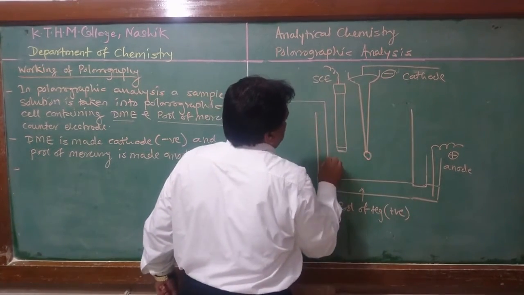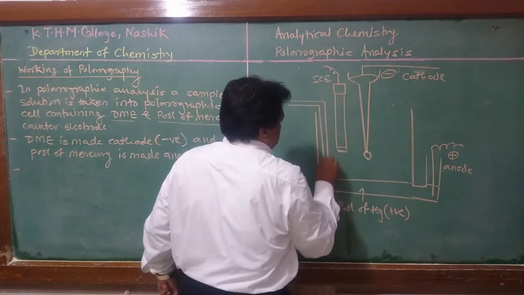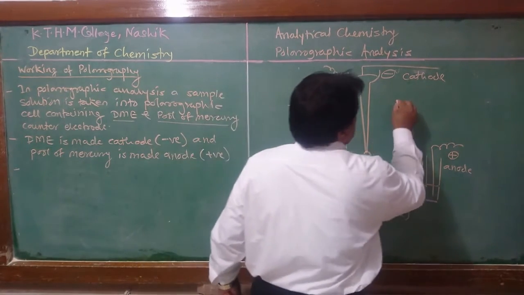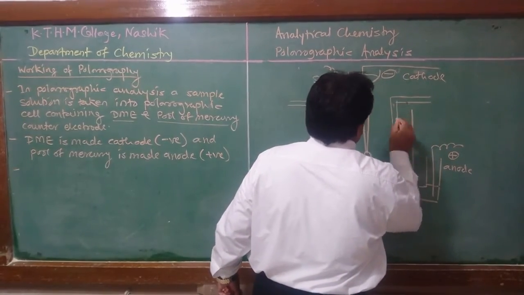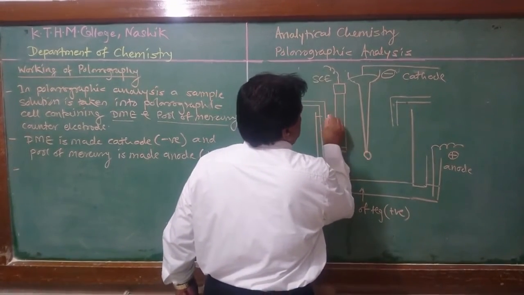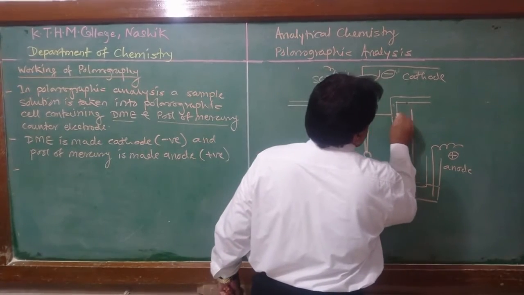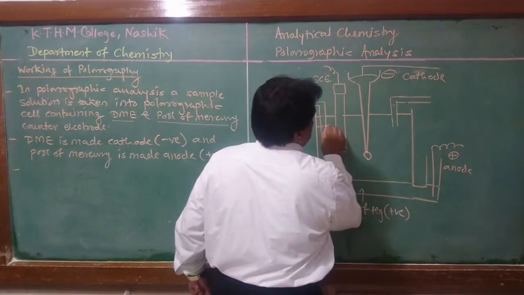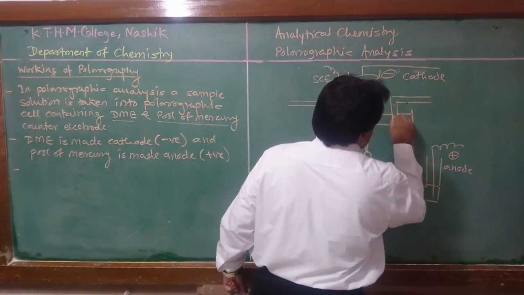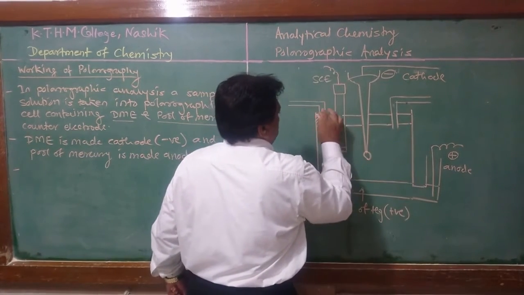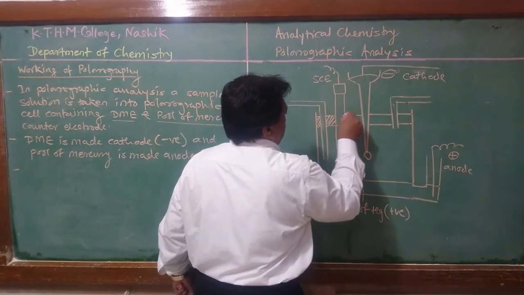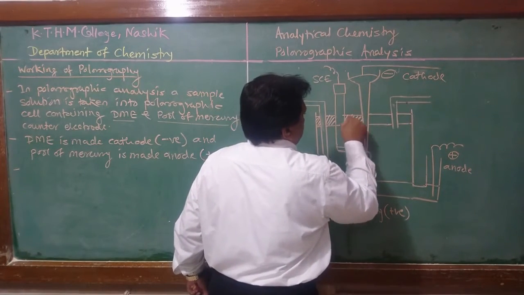Here there is an inlet for bubbling nitrogen gas, and this is the outlet for that nitrogen gas. This is the apparatus, that is, the polarographic cell, used in electrolysis of analyte by using a dropping mercury electrode and a pool of mercury.